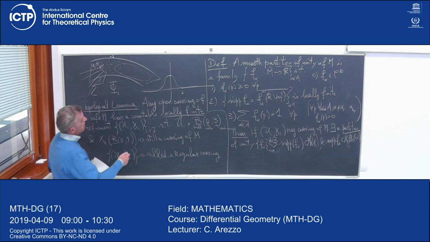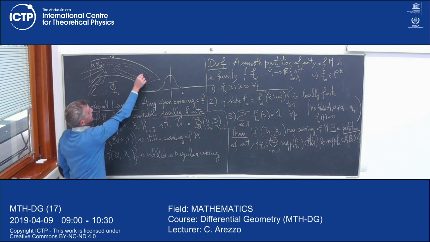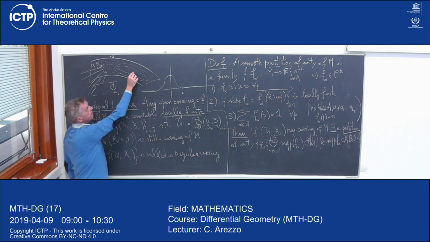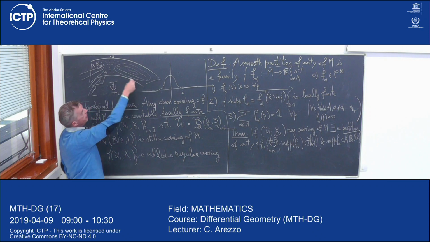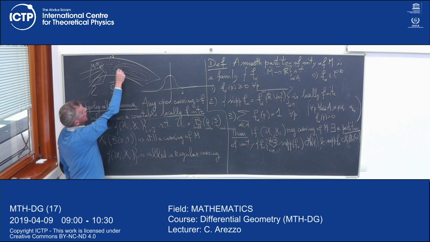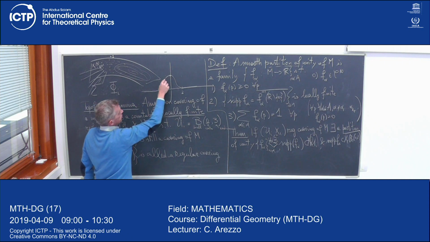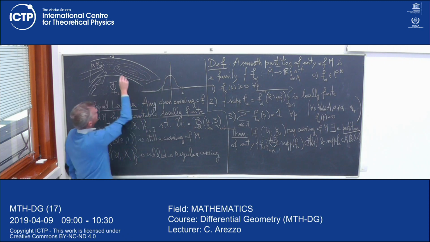Now, of course, suppose I have another one, and suppose actually here I have the same drawing and the same picture. So here I have an F2, if you call this F1, and I'm looking at F2. There might be a competition somewhere. So in this area, there could be the intersection with something else.